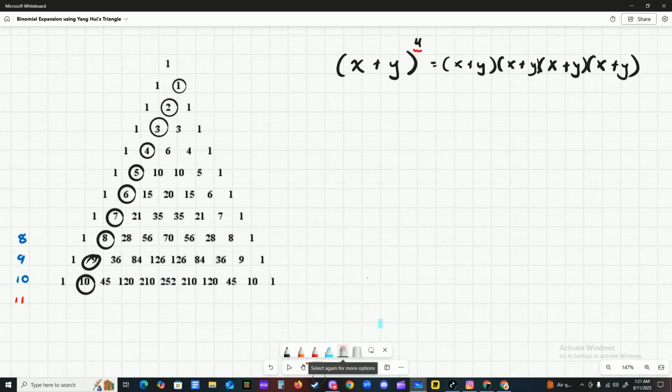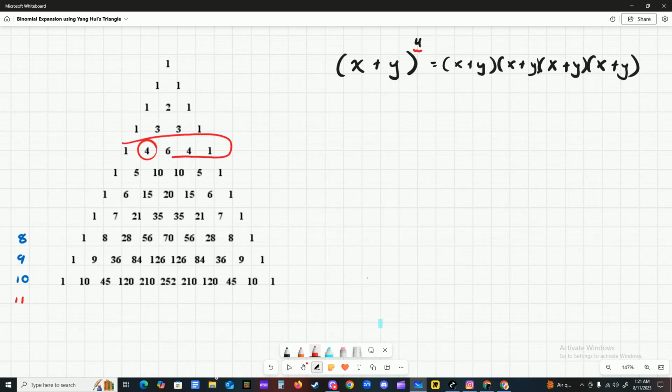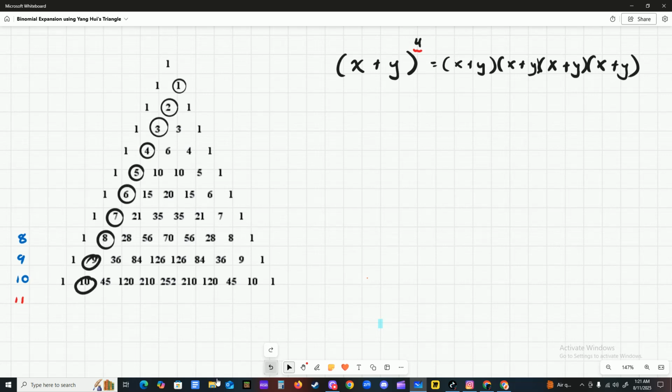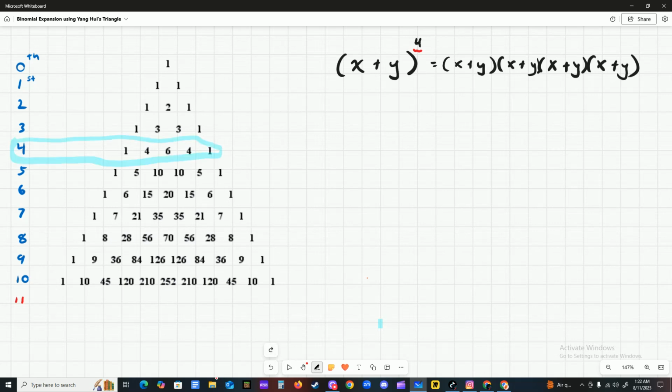Those numbers right there on that diagonal line, they tell you which row you're going to use. So if they were numbered and I'm using the fourth row, I just look for the 4. There it is. So I'm going to use this row of coefficients right there. Okay? So let's just put everything back for simplicity.